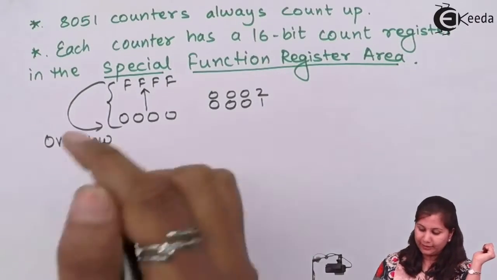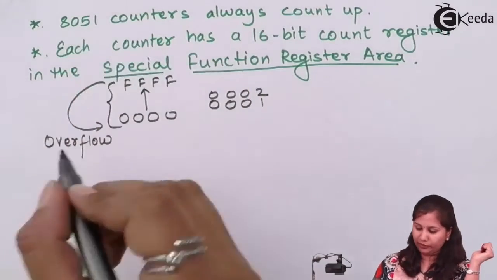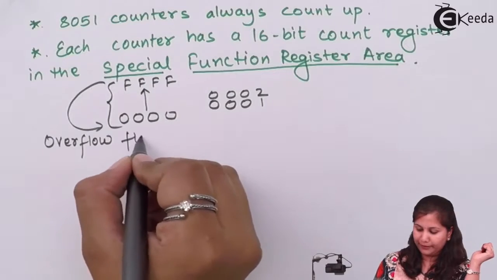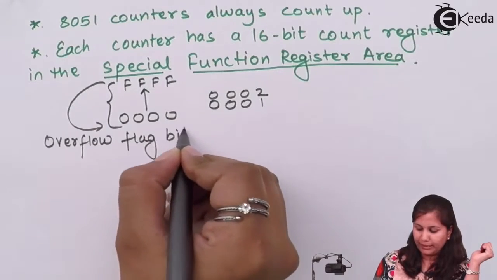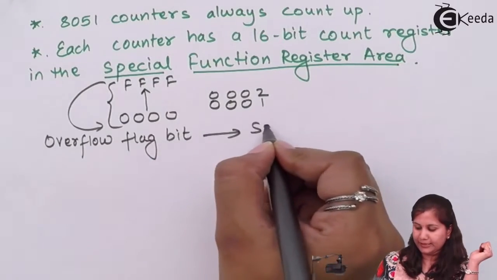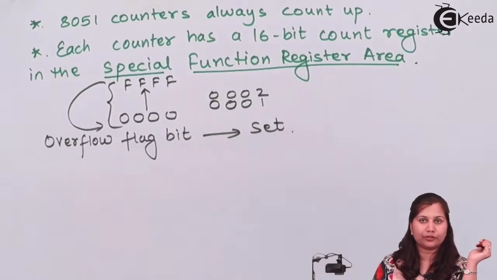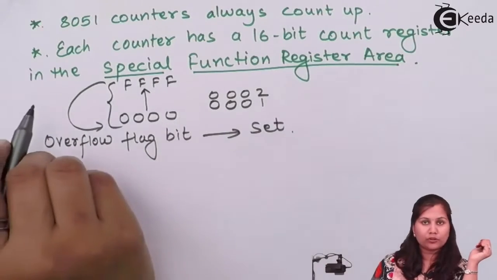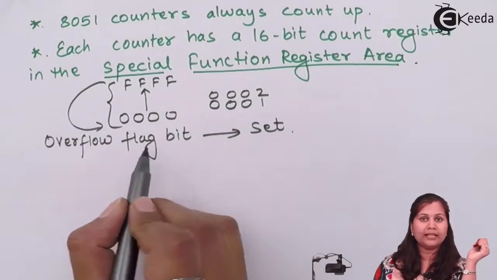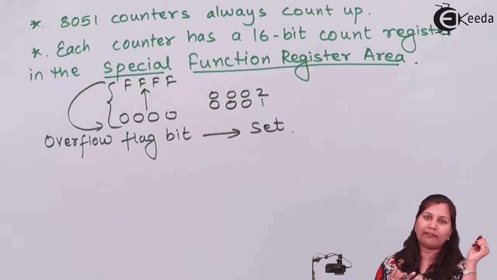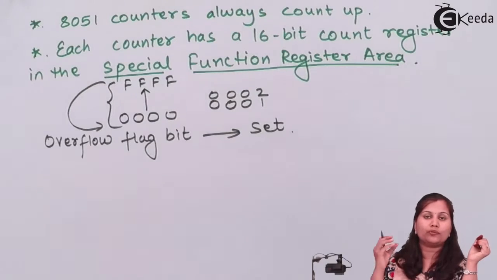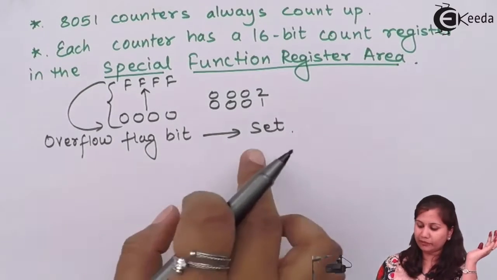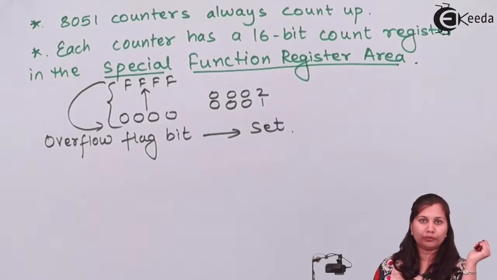So in that condition, for each counter we have an overflow flag bit, and that will be set in that condition. For timer 1 also we have an overflow flag, and for timer 0 also we have an overflow flag bit. So for corresponding timers, those flag bits will be set whenever the count value is overflowed.